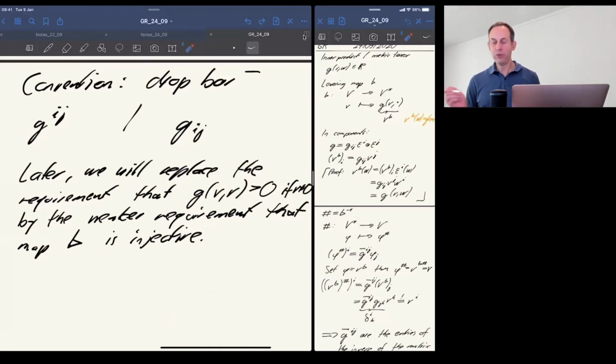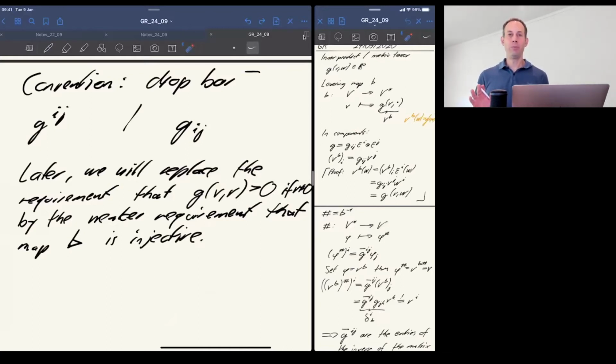So in the future, when I talk about the metric tensor, I usually mean such a 0-2 tensor that is symmetric and such that this map is invertible. Now we will come back later today to the use of this Gij.